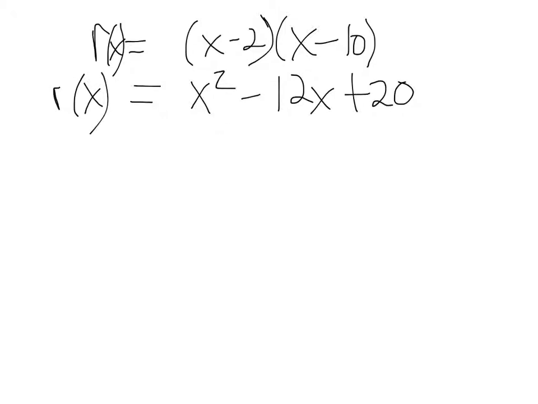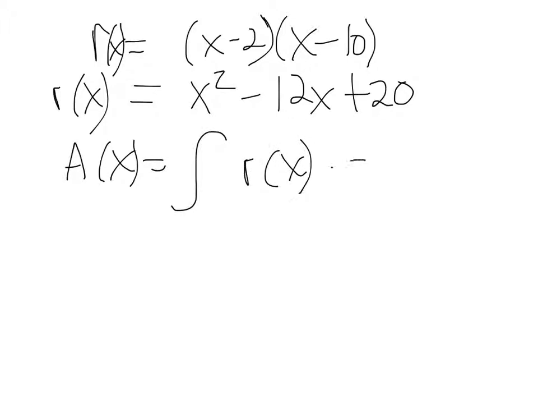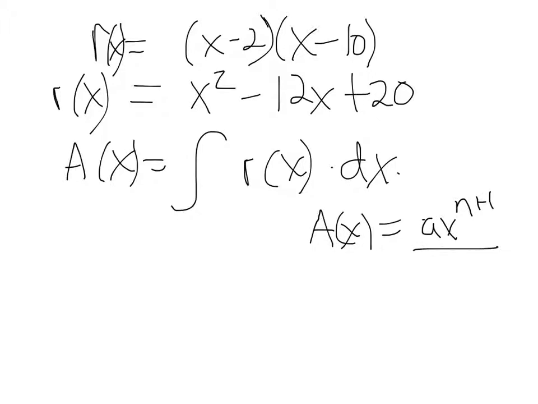Now to go from rate to accumulation, we remember that accumulation equals what's called the integral of the rate graph, and ours is with respect to x, and the rule that we use is that A of x equals ax to the n plus 1 all over n plus 1, where r of x equals a times x to the n.